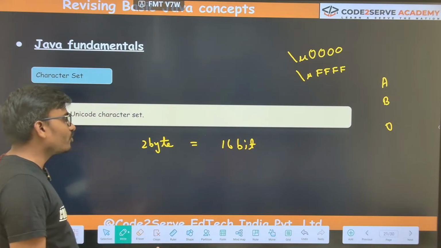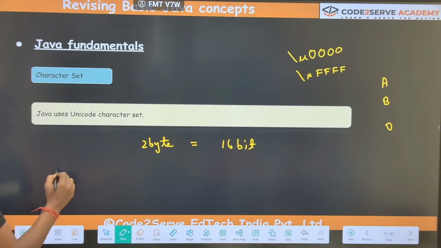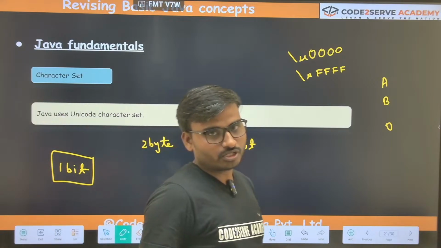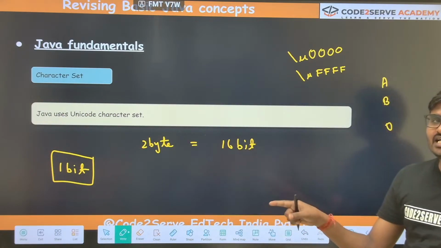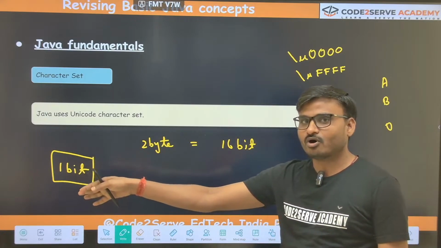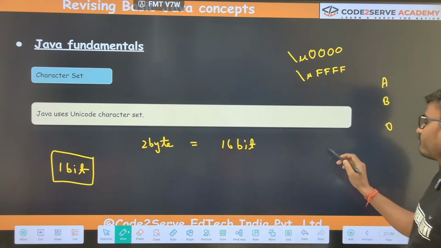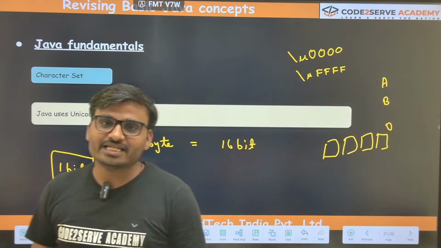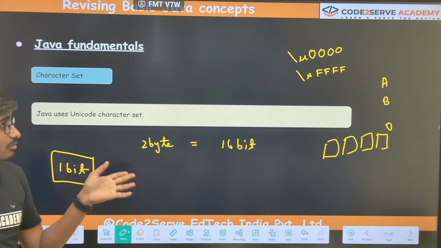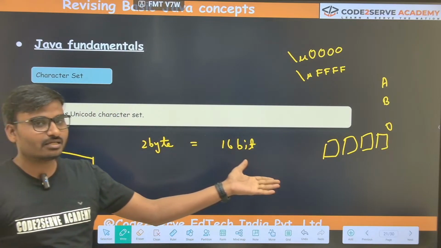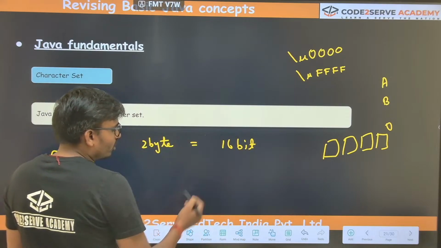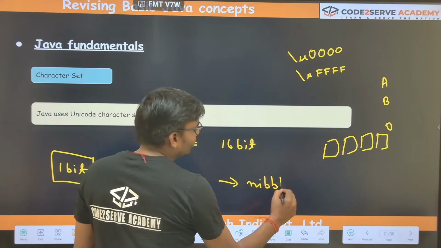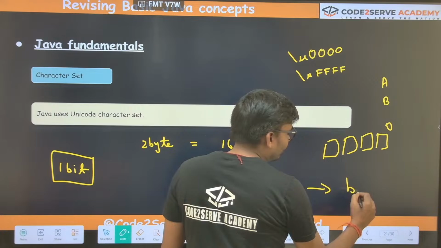The smallest unit in memory is a bit, the smallest memory possible in a computer. You can think of 1 bit as 1 box, and if you combine 4 bits, this forms 1 nibble. So first is a bit, second is a nibble, and third is your byte.